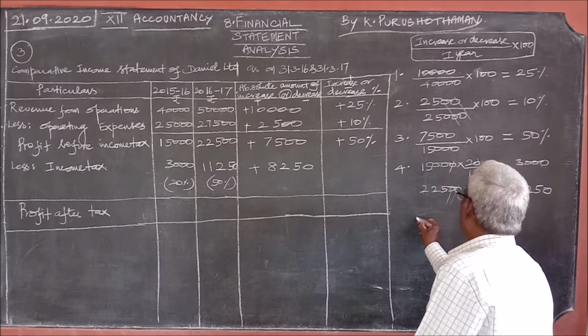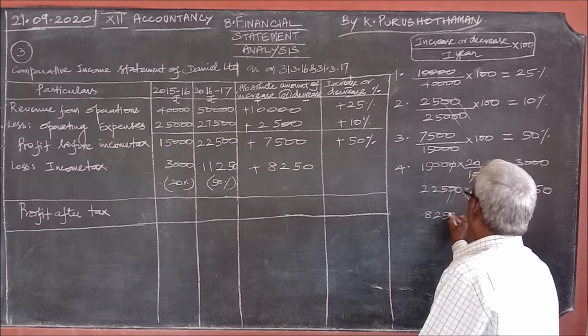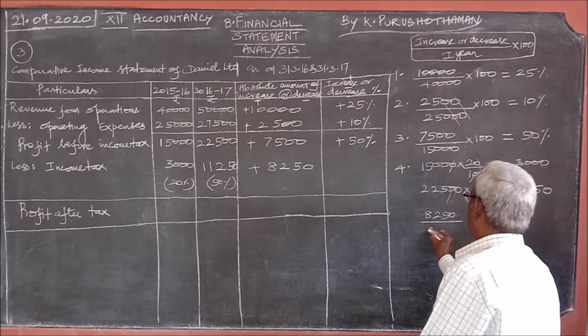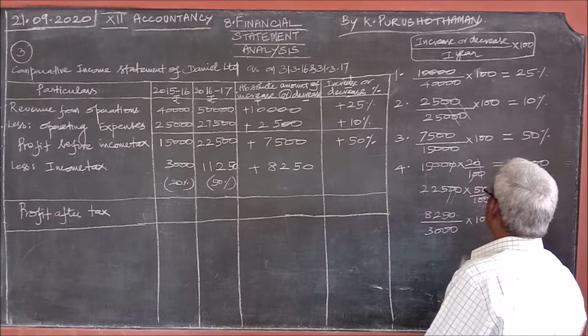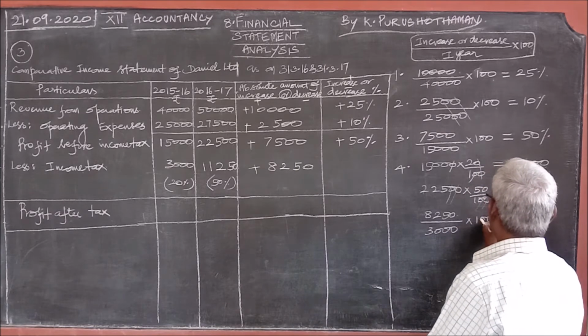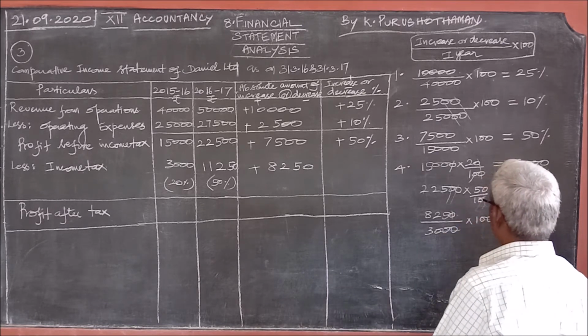For 3,000, that is increase 8,250 by first year 3,000 into 100. 3 zeros cancel.